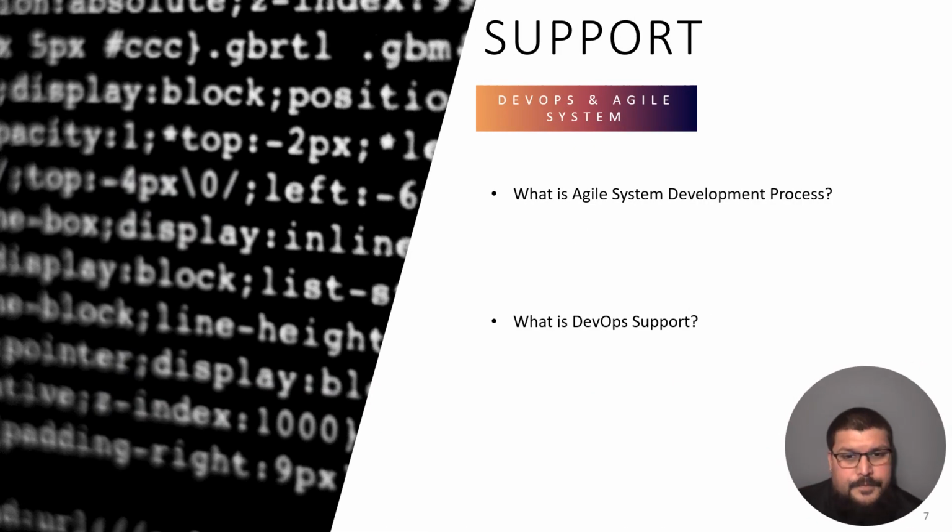Support. DevOps and Agile systems. Even though these two things complement each other, they both bring efficiency and predictability. They are somewhat different if you really think about it. DevOps is part of the Agile and was created for their main principles.